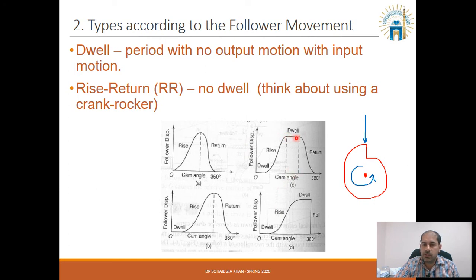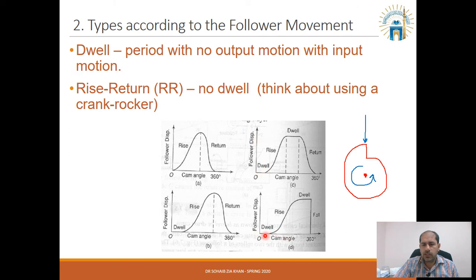So the diameter of the cam is not changed at this point, and after that it will return back to its position. Over here, during the dwell, the distance of the cam from the center of rotation is not changing, so the follower is neither going up nor going down. It stays at its position.